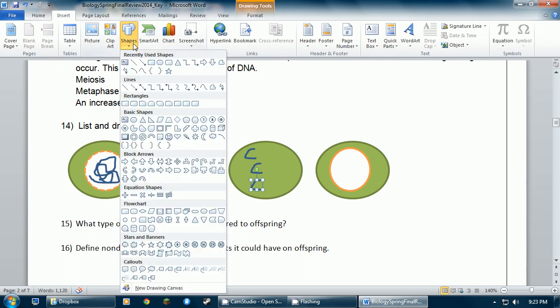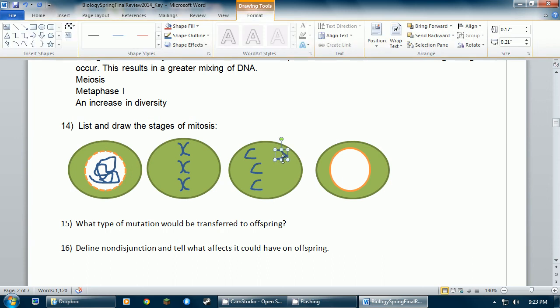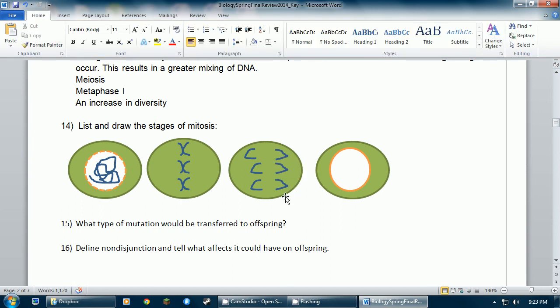You usually can't see the spindle fibers too easily. In really good pictures you can, but obviously this is not one of those. And of course, probably the best thing you could do is search up a real picture. Just search mitosis picture, and what you'll see is steps that look like this.